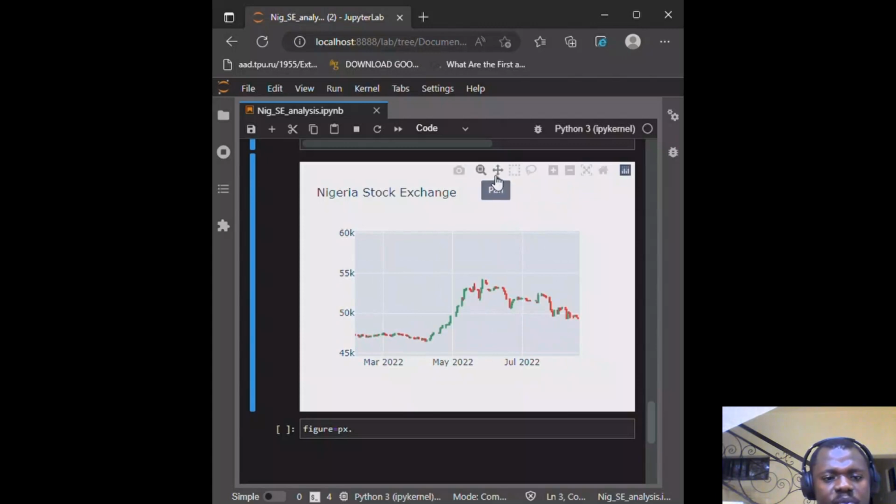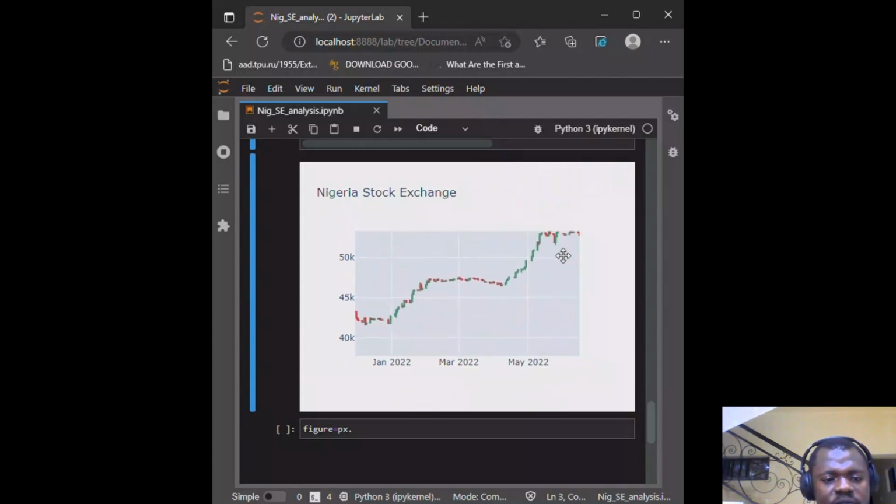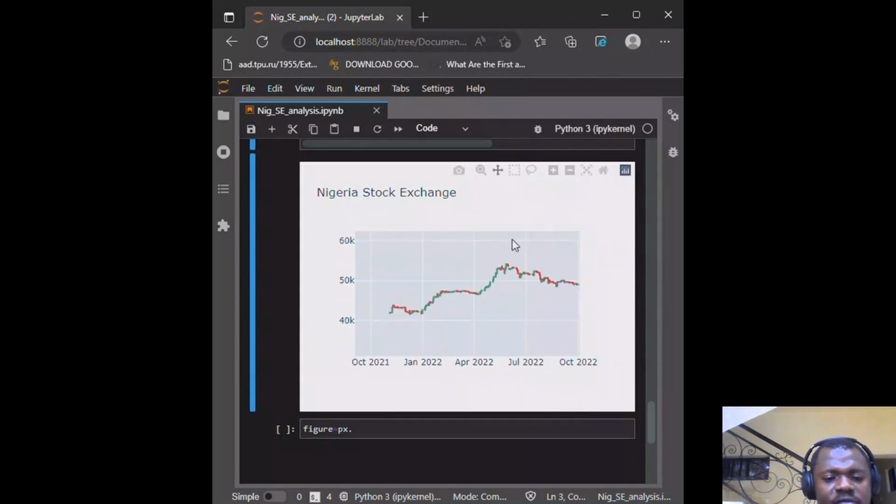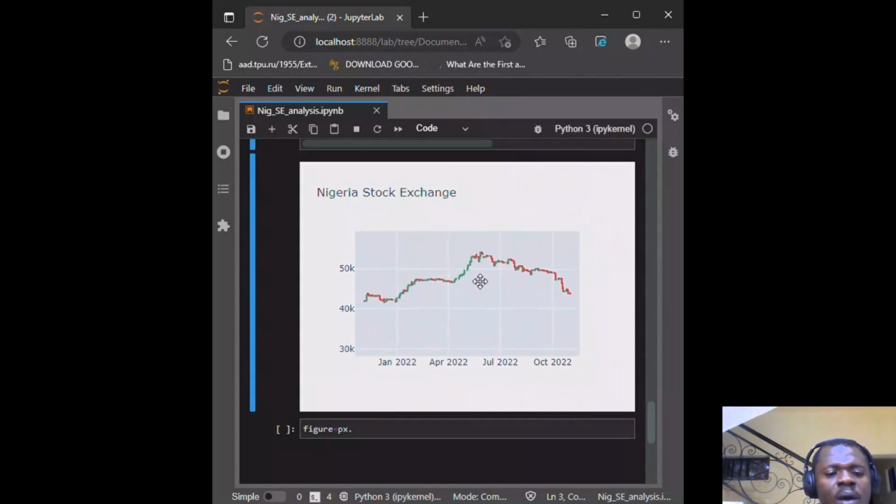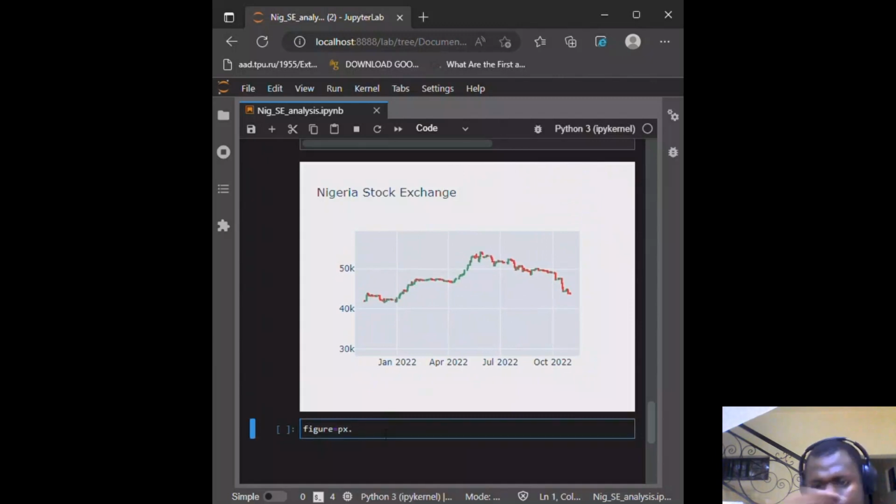You can zoom out, zoom down, pan, move around. It's very interactive. I love it. So moving ahead, you can also make a bar graph. px.bar collects the name of our data set as the first parameter.